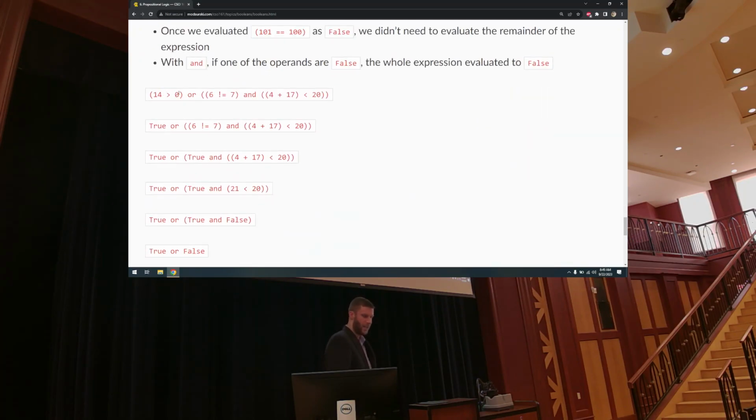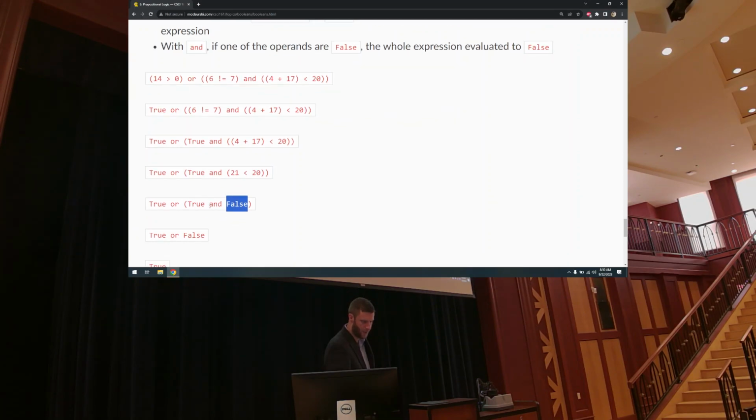Is 14 greater than 0? Or is 6 not equal to 7? And is 4 plus 17 less than 20? Oof, that one's a lot, right? But all we have to do is just evaluate it. Okay, we have a true or. And then here we've got, okay, is 6 not equal to 7? Well, that's true. And then 4 plus 17, well, that's 21. Is 21 less than 20? No, that's false. And then here we have true and false.